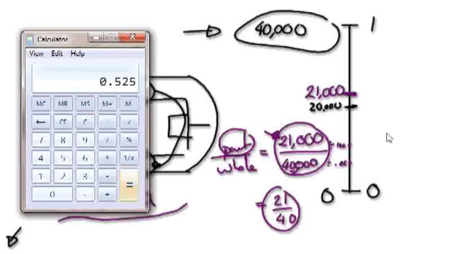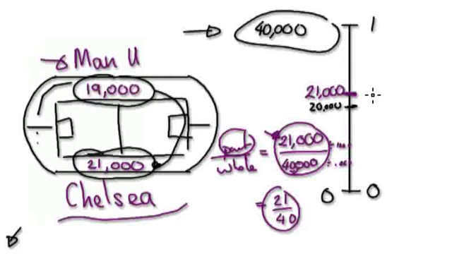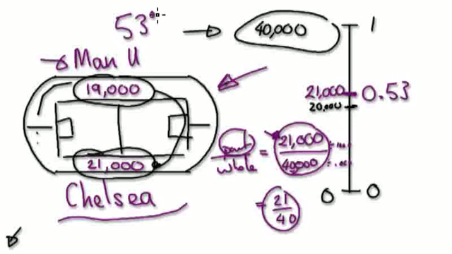So that equals 0.52, well, I'm going to push it up to the nearest percent, so I'm going to push it up to 0.53. Okay, so at this match, there were 53% Chelsea supporters. Okay, the hard part is this bit here, because you need a number that would represent all the people at the game.